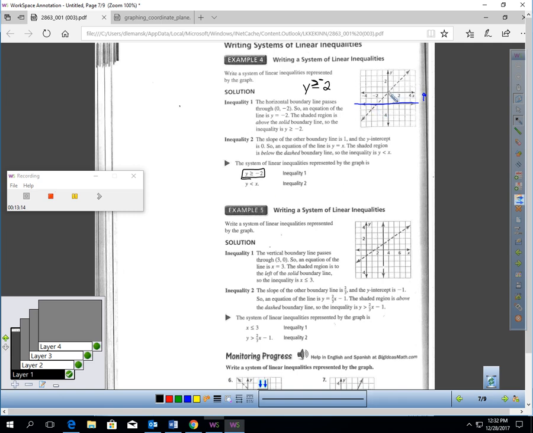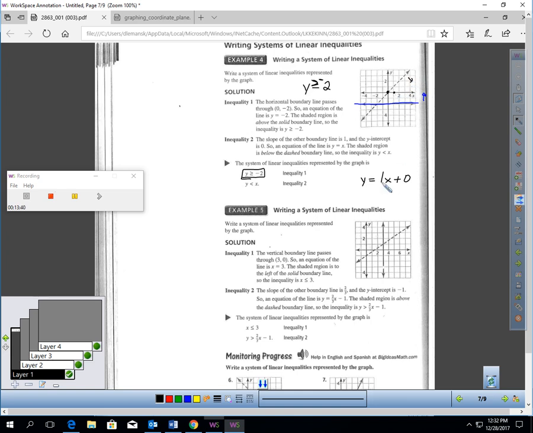Here's my second one. Y-intercept 0, slope 1. So here's y-intercept 0, slope 1. Now, I can't pick 0, 0 as a test point. Let's pick 1, 0. Now, do you notice how in this example problem my shading is right of this diagonal.